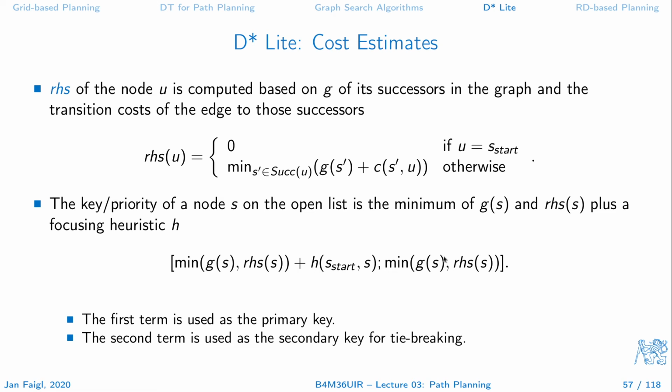So these are the minimum values of g(s) and RHS. This is the primary key, and the second term is used for tie-breaking, but that's just an implementation detail if you'd like to speed up the priority queue.